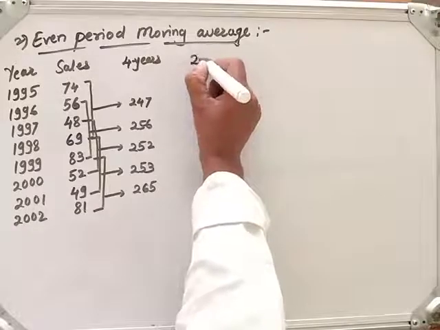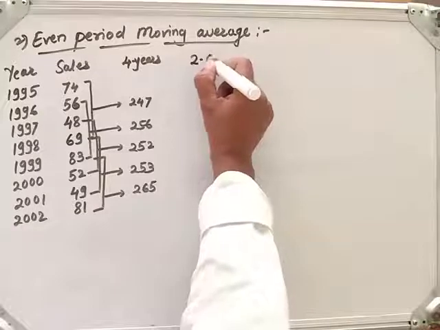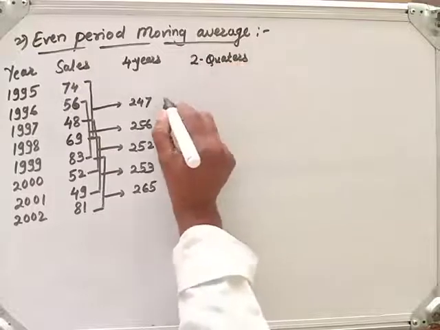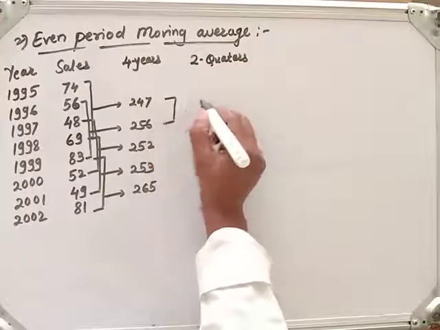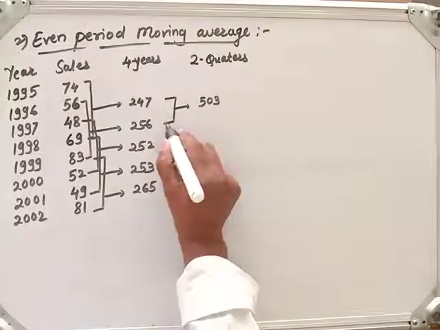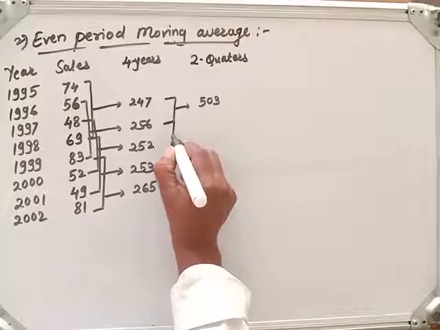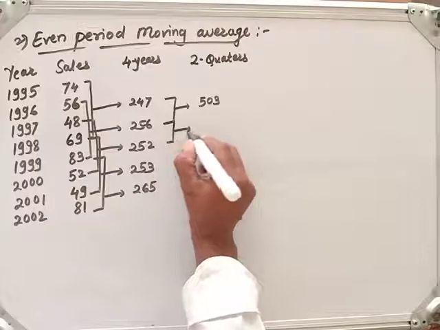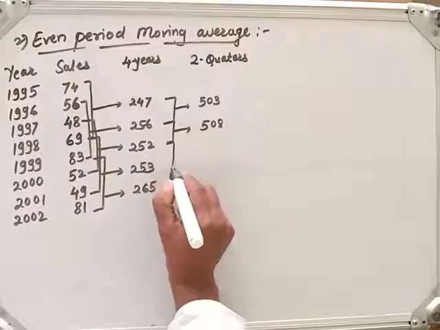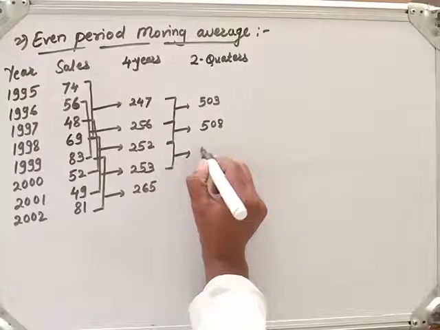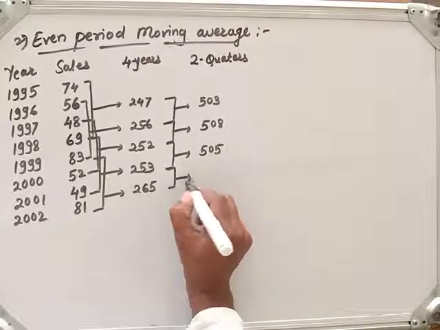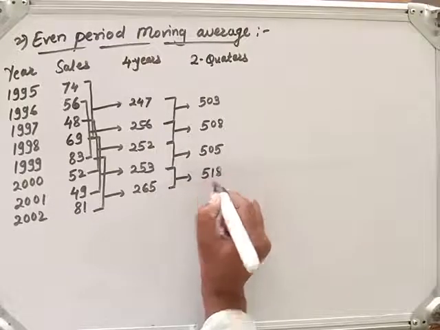Now we will do 2 quarters of it. 2 quarters means what? These 2 we will take. That total is 503. Again these 2 we will take. That total is 508. Then these 2 we will take, 505, and this one will give us 518.